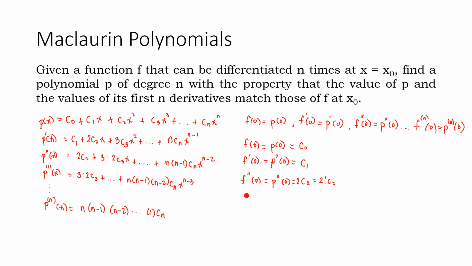And the third derivative of f of 0 is equal to the third derivative of p of 0, which is equal to 3 times 2 c sub 3, which is technically equal to 3 factorial c sub 3.